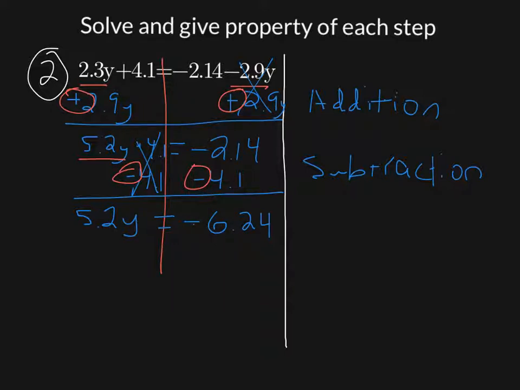We have to divide on both sides by 5.2. When I divide by 5.2, negative 6.24 divided by 5.2 is equal to negative 1.2. So y is equal to negative 1.2. And again, we divided on both sides here, so this is the division property of equality.